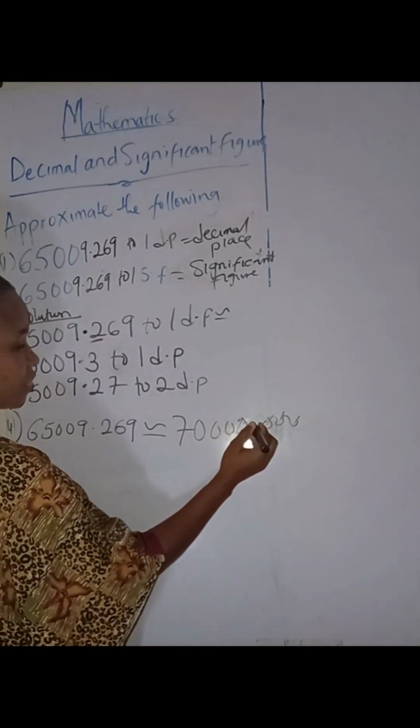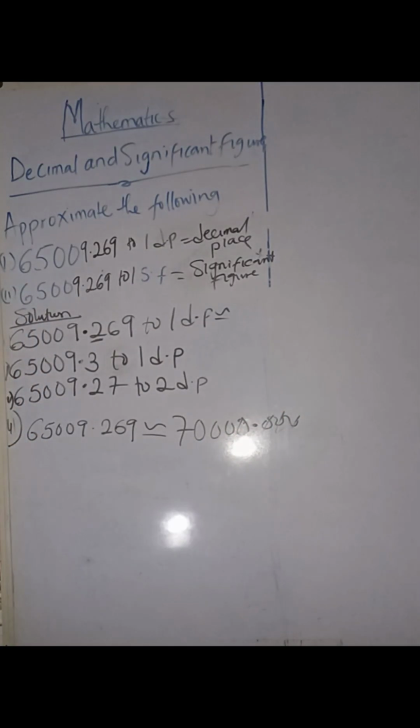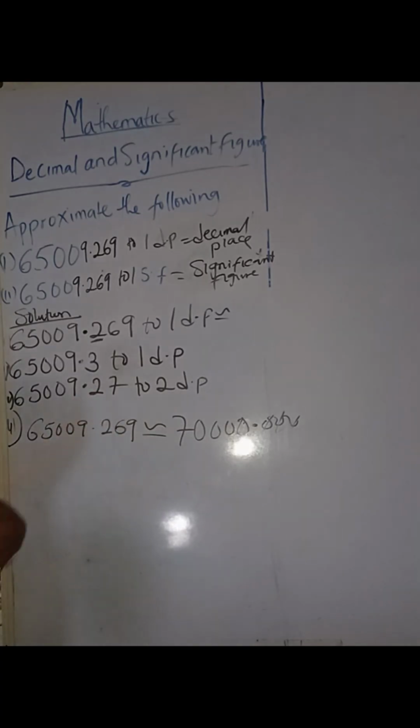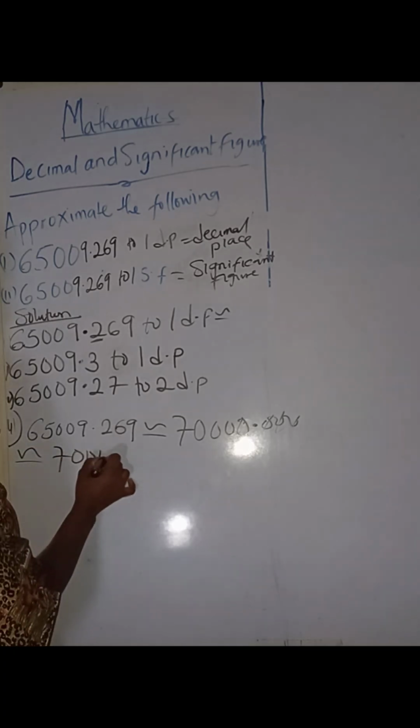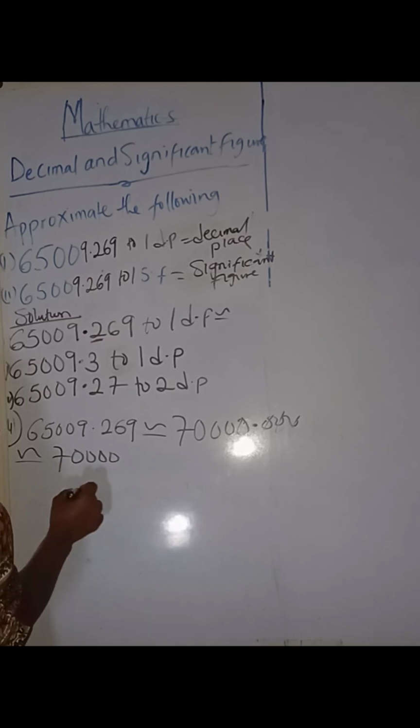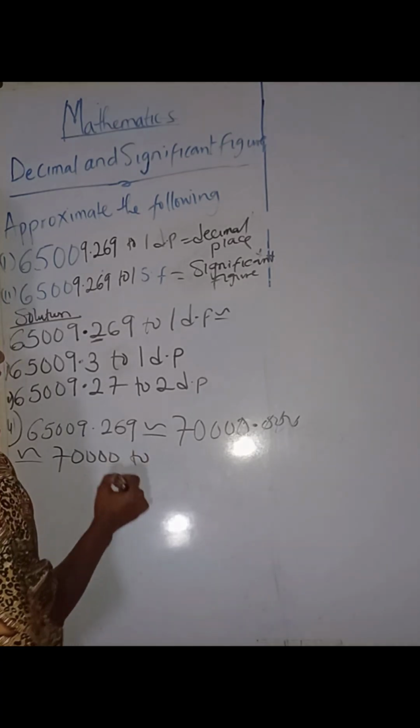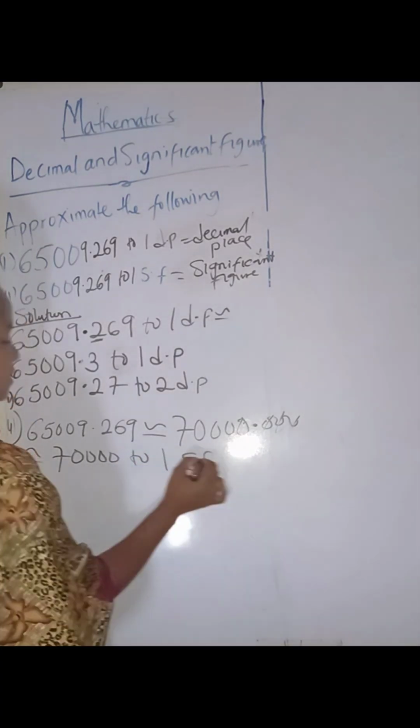Any 0 after the decimal point is not relevant. So this is the answer: 70,000 to one significant figure.